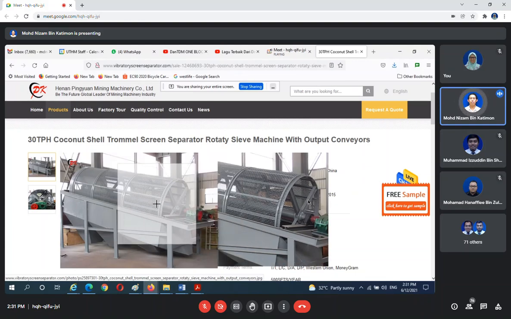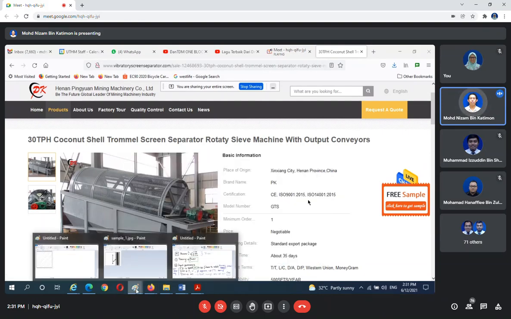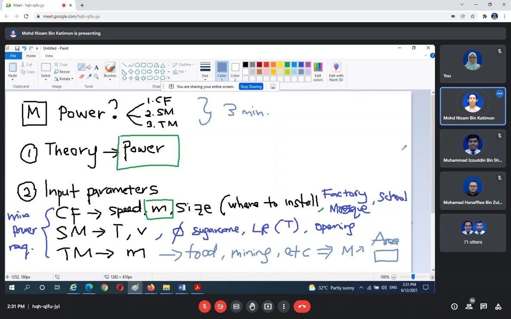From there, using some theory, you can finally get the minimum power. So at least these three steps, 1, 2, 3. From the minimum power, you go to the catalog, find the catalog for motor power, and then you choose the power you want to use.